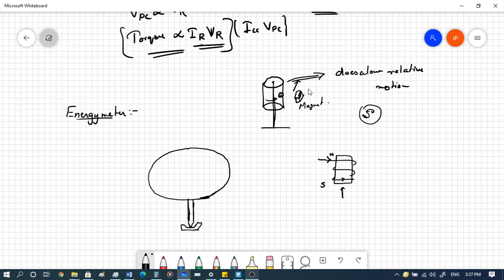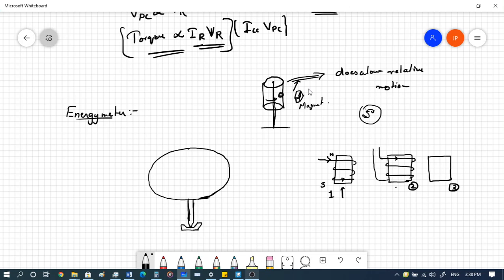And let's say you have a second electromagnet with a phase difference of 90 degrees, and let's say you have a third electromagnet. Let's call these 1, 2 and 3, right?